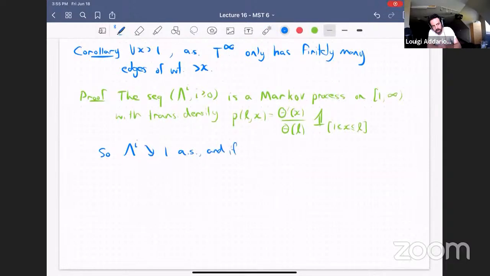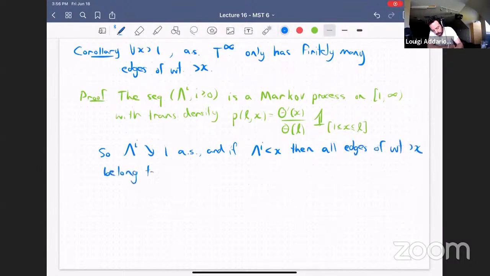And if lambda i is less than x, then that means that after we add this edge lambda i, all the edges have weight less than x. Which means that all edges of weight greater than x have to be in the first i trees, so all edges of weight greater than x belong to one of T naught up to T i.